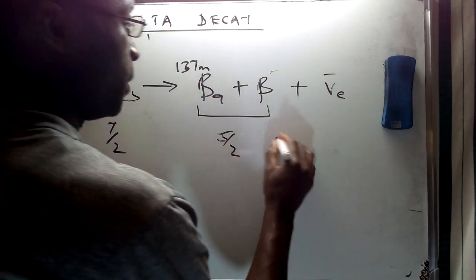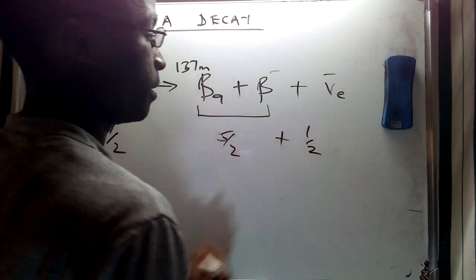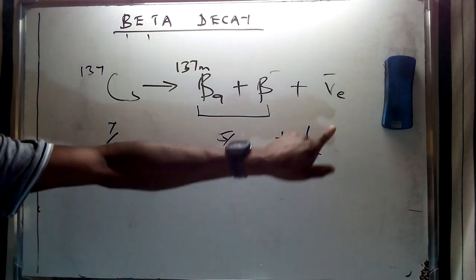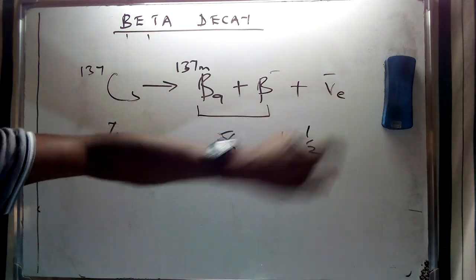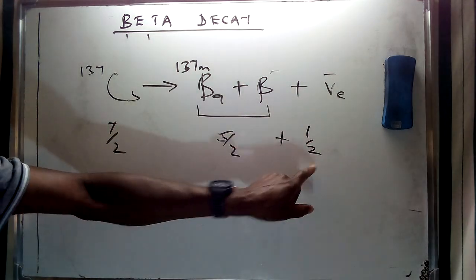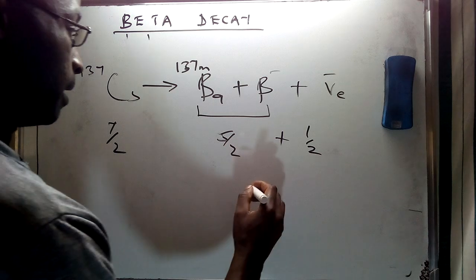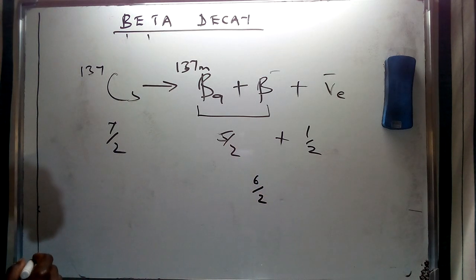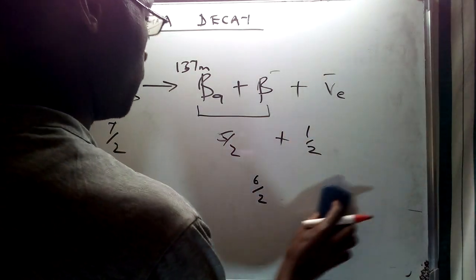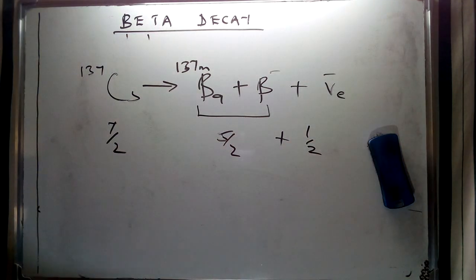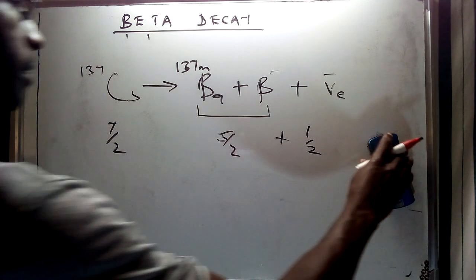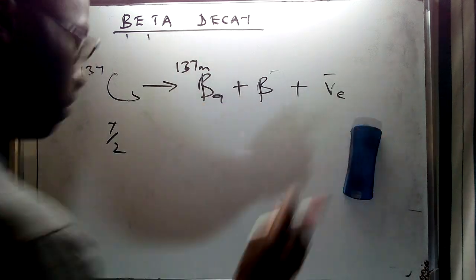And then we had said that we can balance this off by including this neutrino effect, which has a spin of a half. This neutrino has no charge and no mass, and therefore we can see that this is going to be 6/2. So for the product side, we can add this spin for barium.